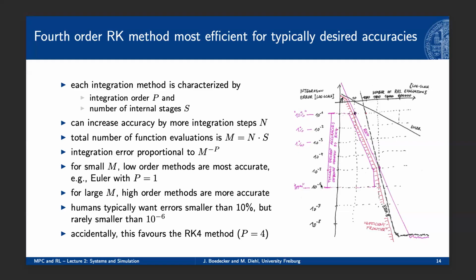And that happens to be the range of accuracies that humans like. Yeah? So I don't care if something is like 1 part per million wrong. I don't care. But I do care if it's wrong by 10%. And that's basically the accidental reason why the Runge-Kutta method of order 4 is widely used. Yeah? It's just the cheapest method for human accuracies. And that's why we also use it a lot in this context.